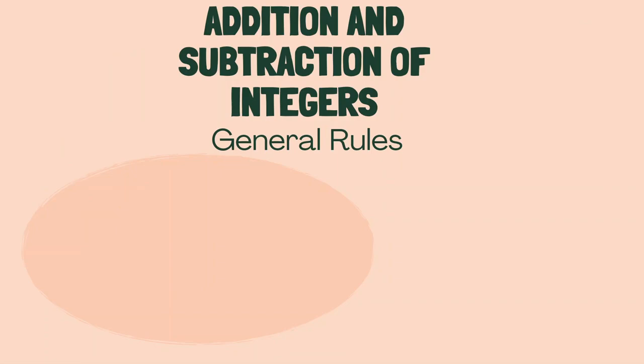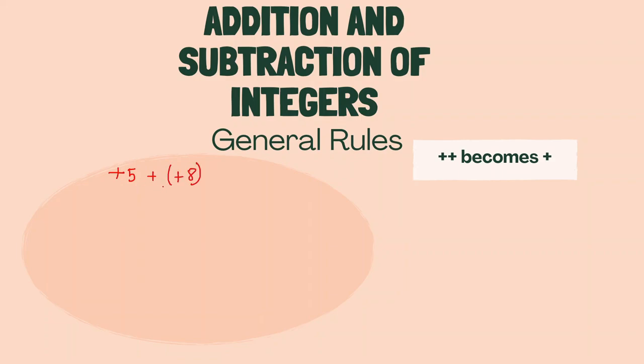Addition and subtraction of integers. To learn about this, we first have to take any two integers. Let us take two integers, both of which have positive values, like plus 5 plus 8.